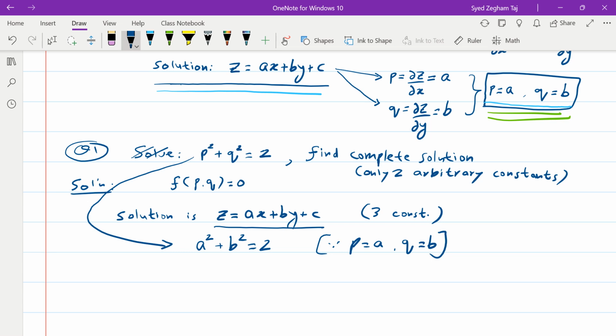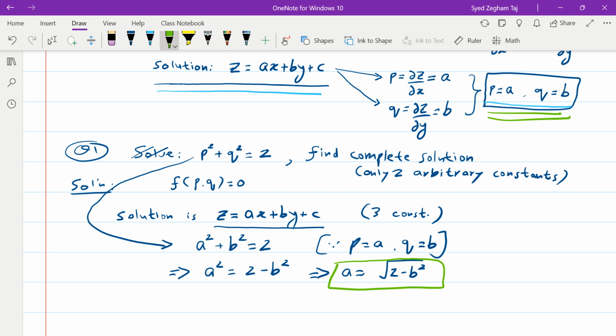Now, how will this be helpful for us? This implies that a square will be equal to 2 minus b square, and when you take the square root, you can say that a will be equal to the square root of 2 minus b square. And once you have this relationship between a and b, you can put it in your solution.